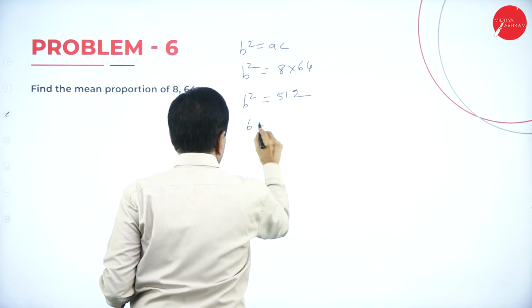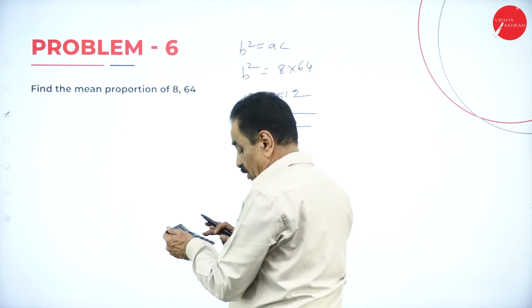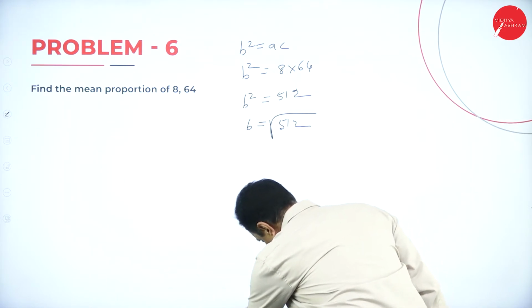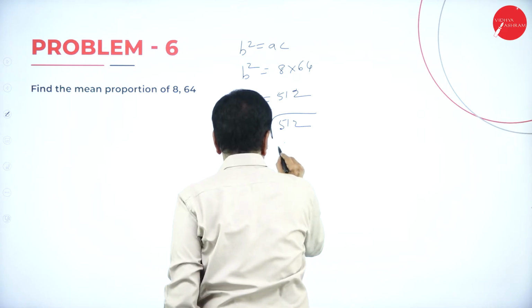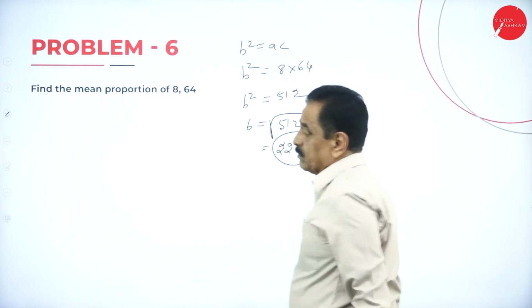B is equal to root of 512, which is 22.63. Not a perfect root.